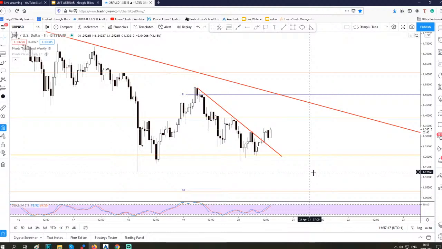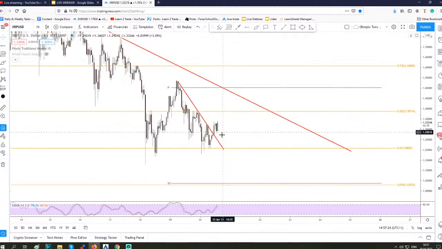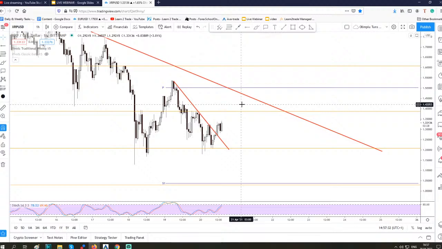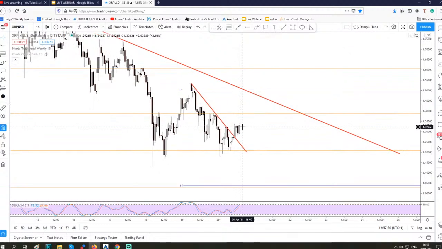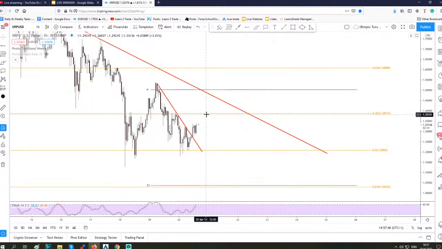But this one will be only an intra-day trade on the short term after closing above this former high, and now it could increase. As I've told you, it could approach the 38.2 and the downtrend line.